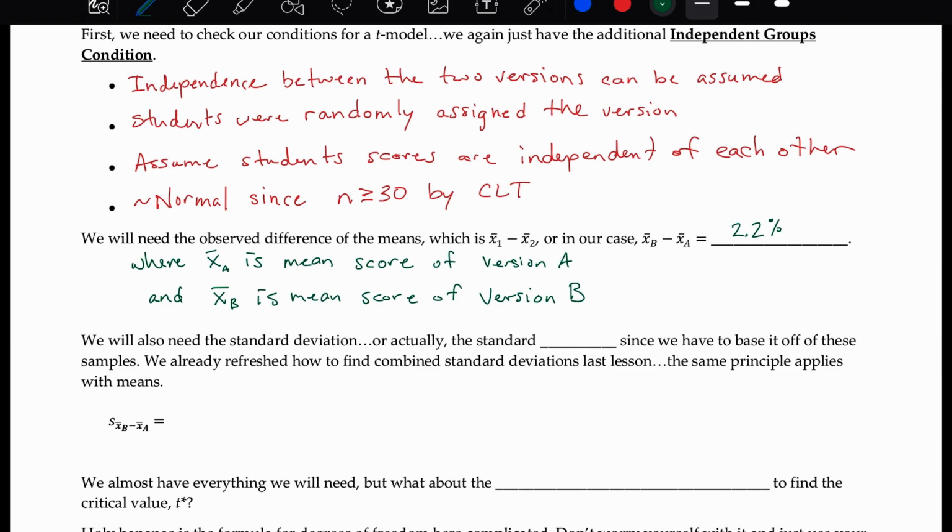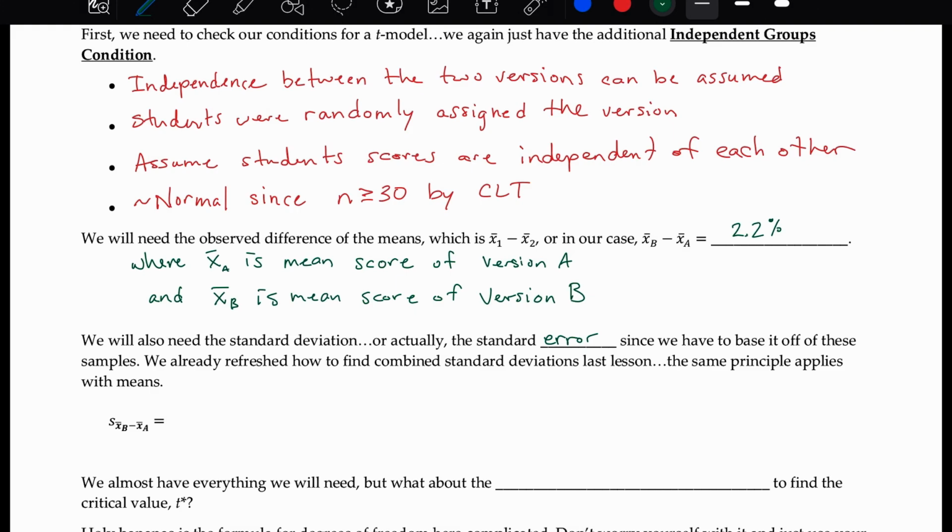Okay, and then what we need to do is find our standard deviation. Well, not really the standard deviation, standard error, because we're dealing with the sample's standard deviation, so we're going to end up calculating our standard error. How do you do that? It's the same as last time. We're actually going to combine the variances together and then take the square root of that.